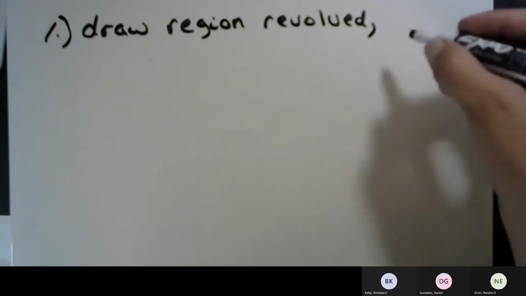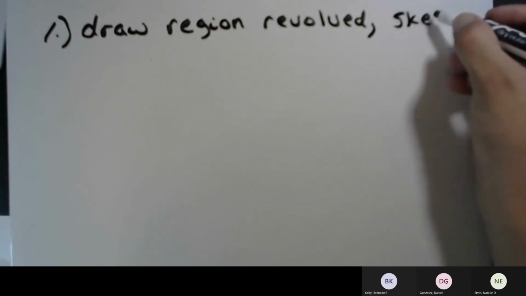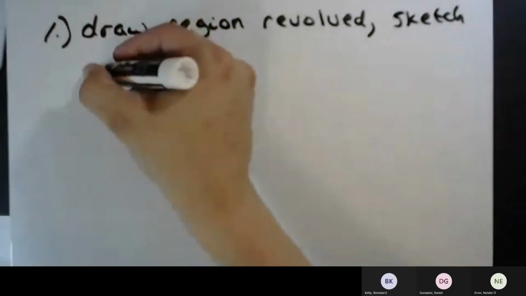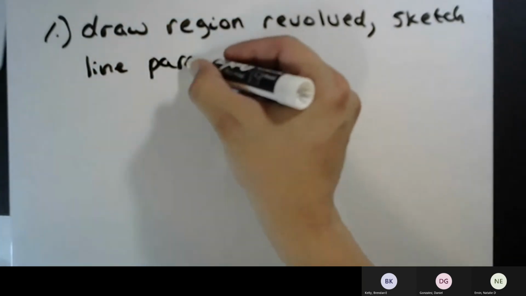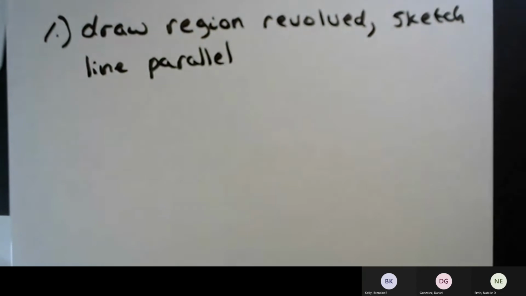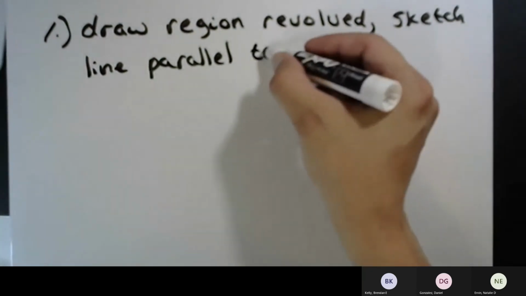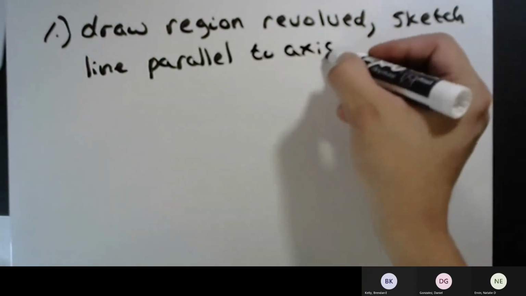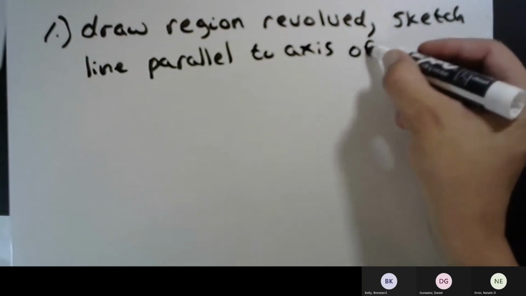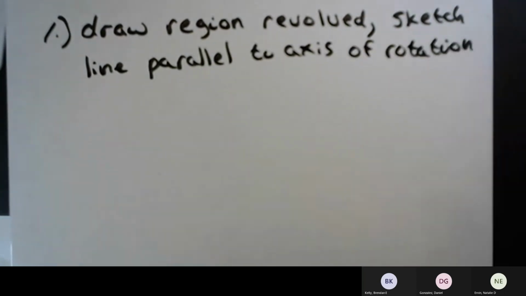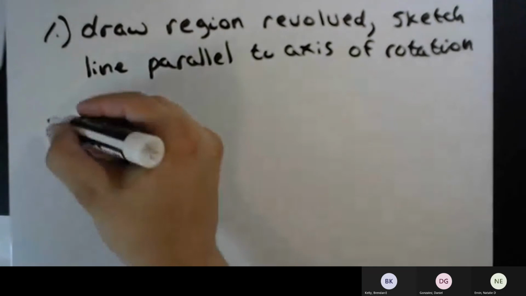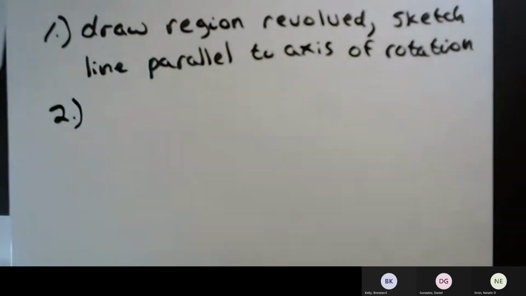And then we'll draw a line parallel to the axis of rotation. And we'll go through why you do that.